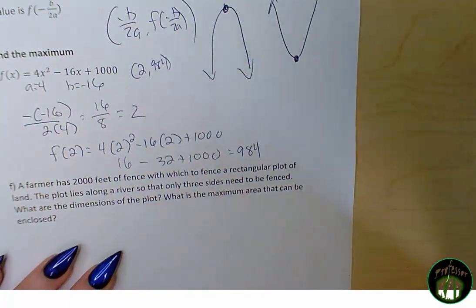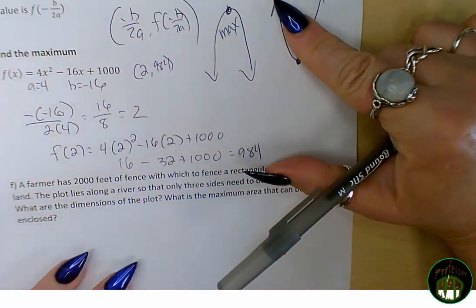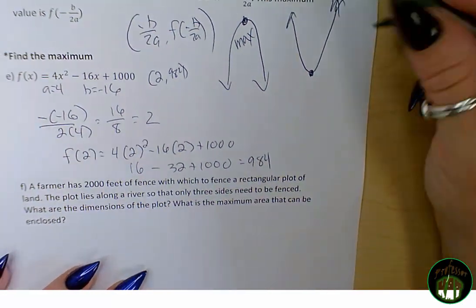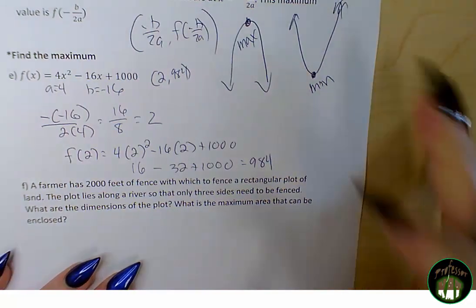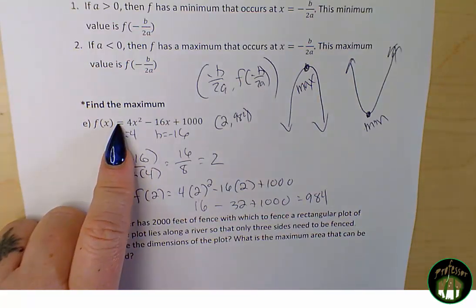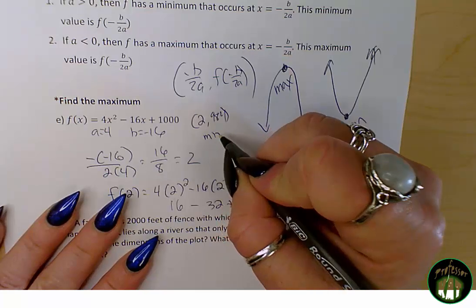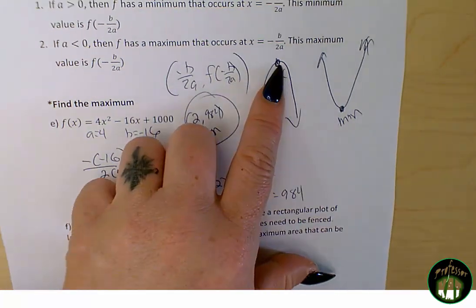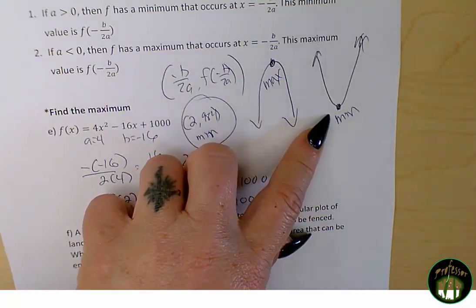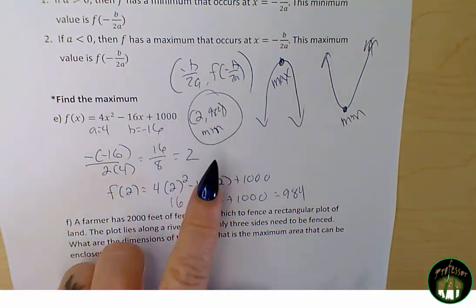So if you have a negative quadratic, it has a maximum point. If you have a positive quadratic, it has a minimum point. So this problem here, because it's positive, that means it's this form. This is actually a minimum point here, okay? So a negative has a max, a positive has a min, right? So this represents a minimum point.